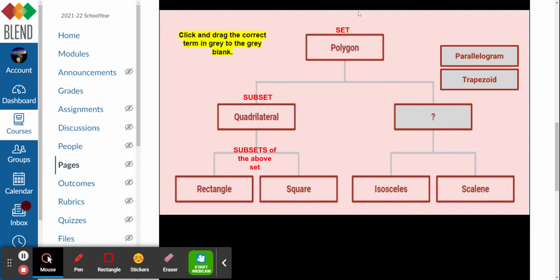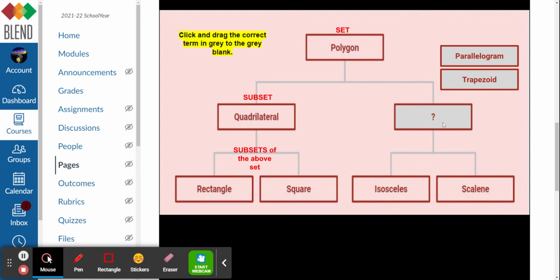So let's start at the top in the kingdom, polygon. So everything that is in this diagram will be a polygon. All right, and then when we go to the left, quadrilaterals. So everything on this side will be quadrilaterals. When we go to the right, we do not know, but then we can look over here, and it says isosceles and scalene.